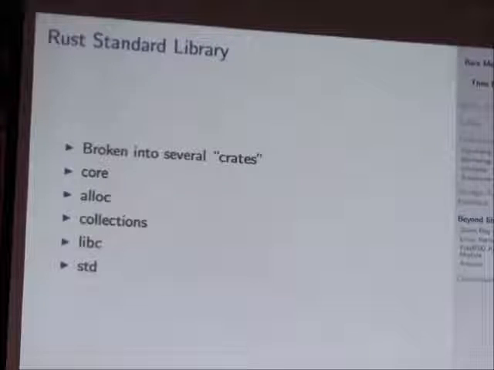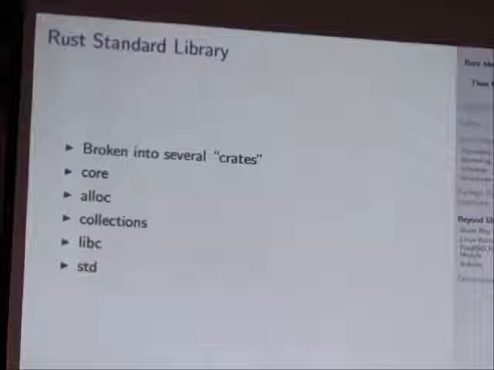Collections depends on the allocator and the core, and has things like vectors and strings. libc contains definitions that hook into the C library, and then all of these are combined into one large crate called std, which you can then use from Rust userland code to do whatever you want to do, like open files and talk to the network.